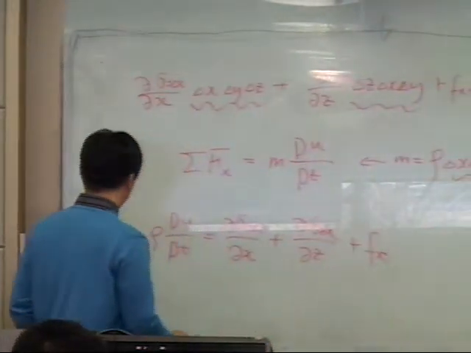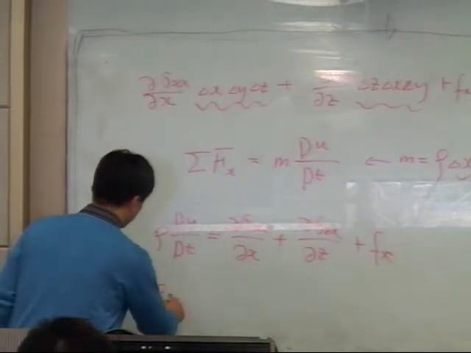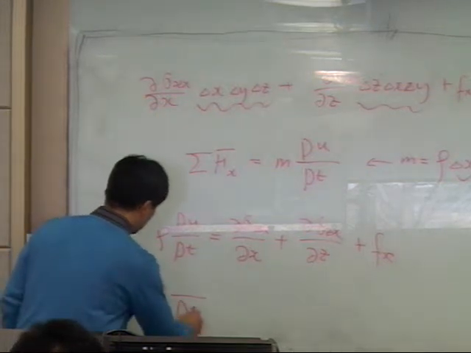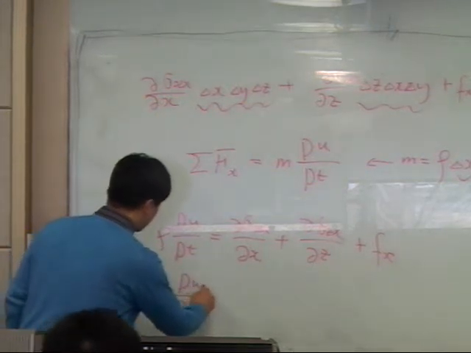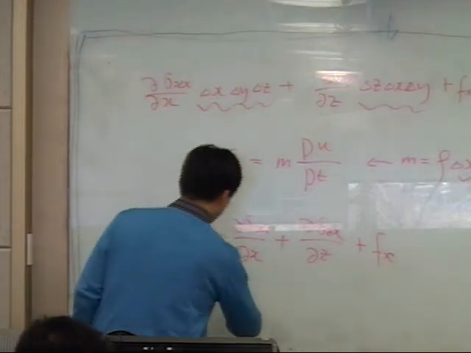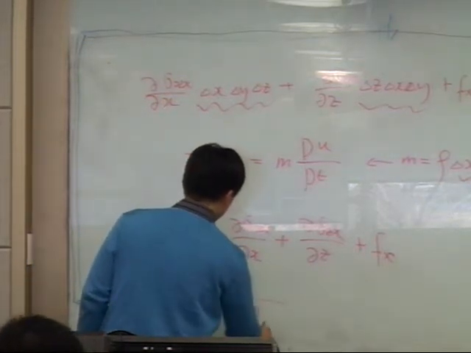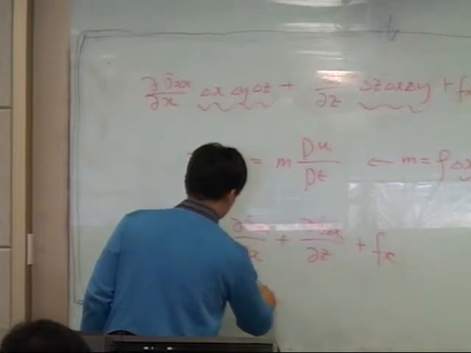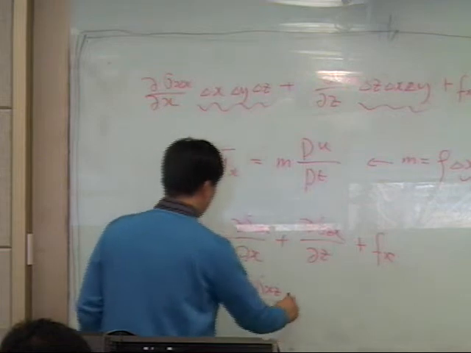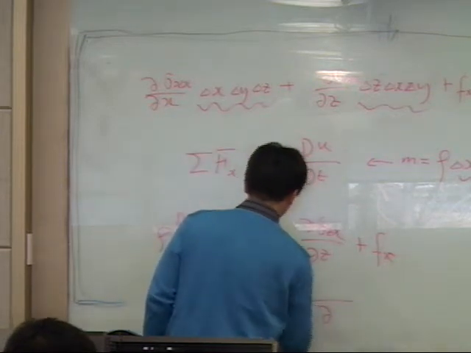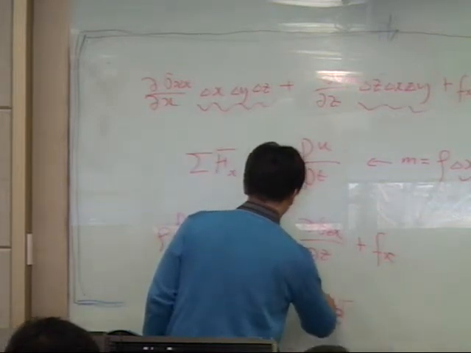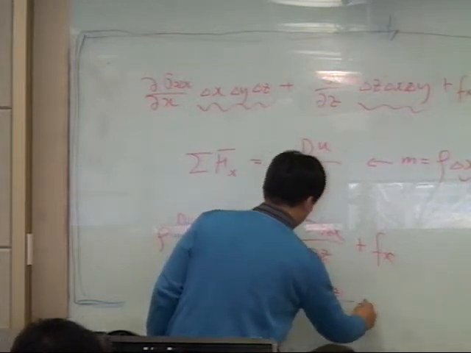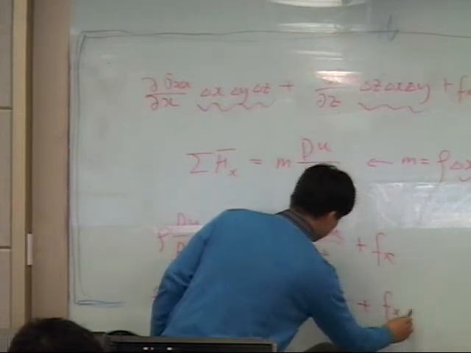Similarly, we can calculate the equation of motion in the y direction: rho dw/dt equal to the partial of stress xy plus the partial of stress yy, plus the body force.